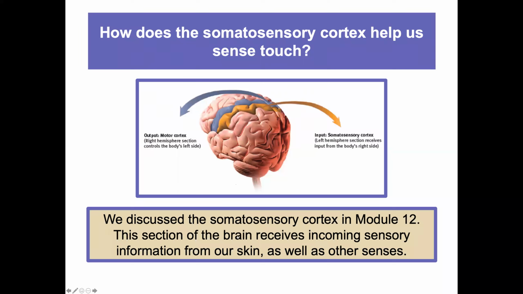It's a section of the brain that receives incoming sensory information from our skin as well as our other senses. In terms of the input, the left hemisphere receives input from the body's right side. In terms of output, the right hemisphere section controls the body's left side. As we learned, one side controls the other and vice versa within our brain.